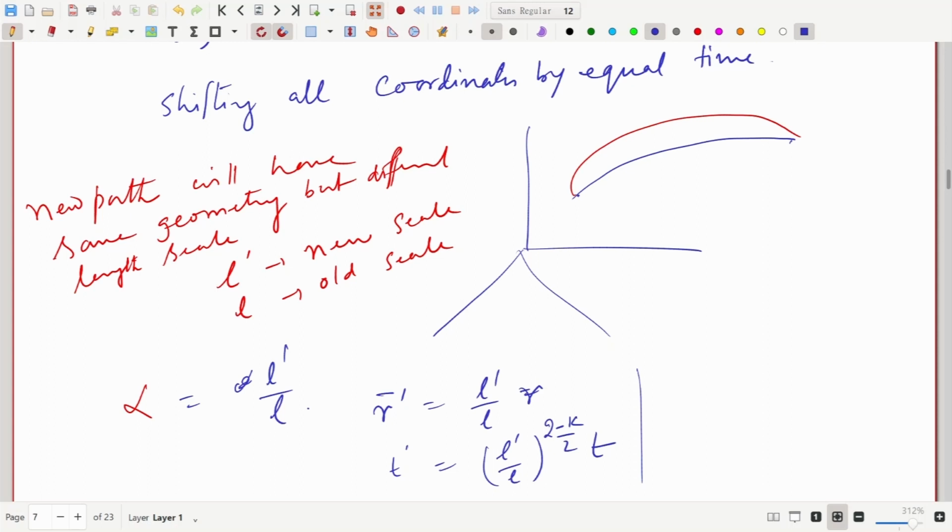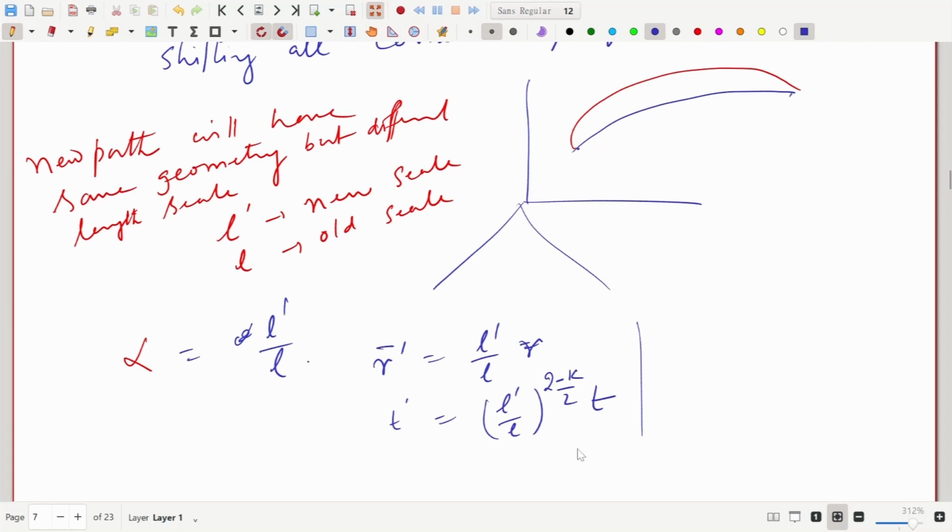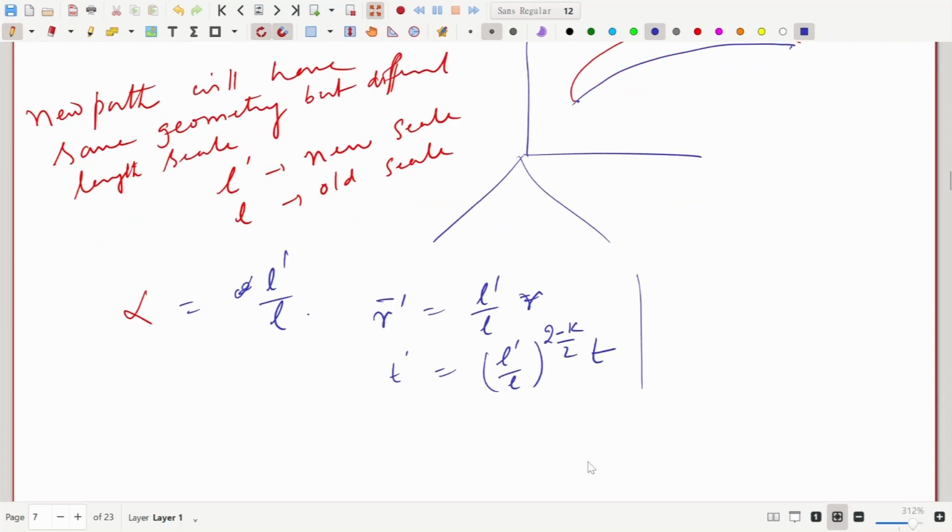Okay. So, from this last equation I can write t prime by t is basically (L prime by L) to the power (2 minus k) by 2.